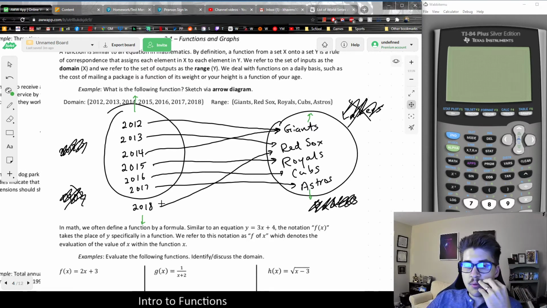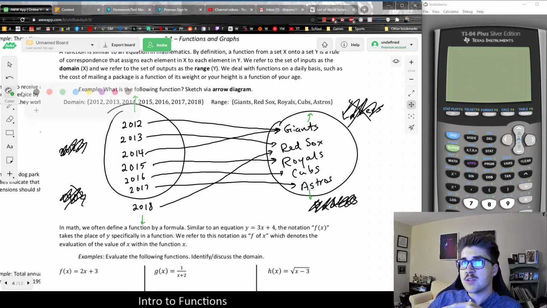Say, for example, baseball just decided to skip a year like 2020, which they didn't skip, but there was potential for that to happen. Then 2020 would just not be a legitimate part of the domain and you would have to scratch it out. Another thing that's not allowed is one element of the domain corresponding to more than one element of the range.